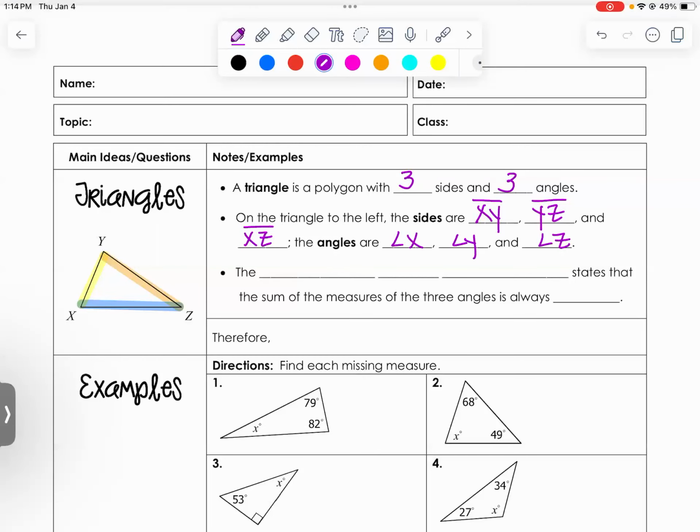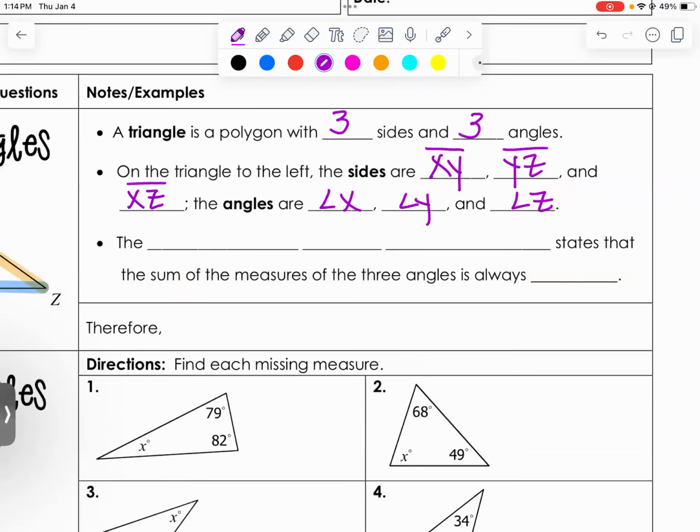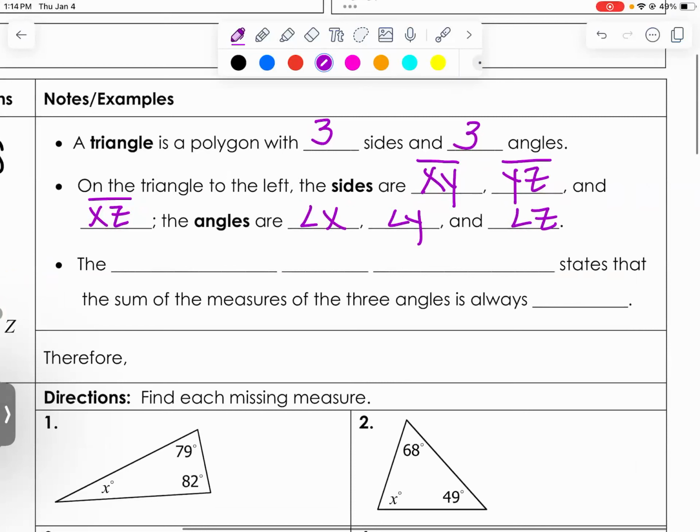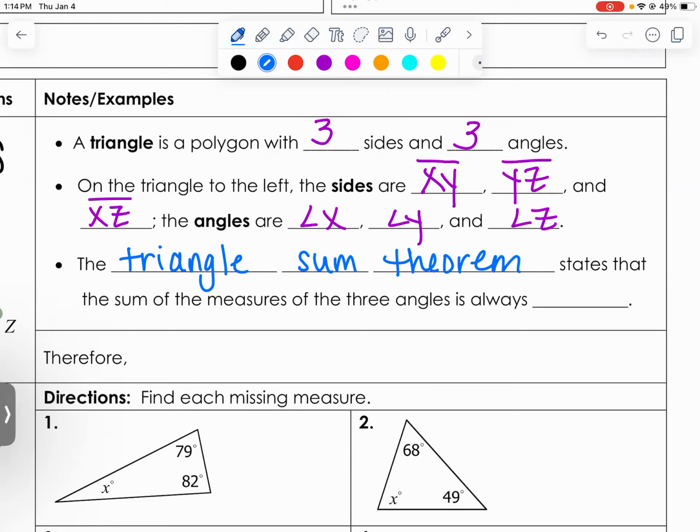Now, the big thing about today is what we demonstrated with this pink triangle folding business. So officially, we call this the triangle sum theorem. Theorem just means it's a math rule, so don't worry about that word. The word I want you to worry about is sum.